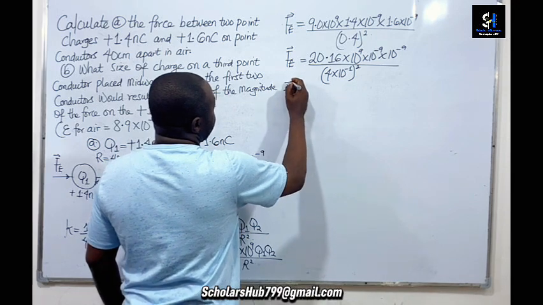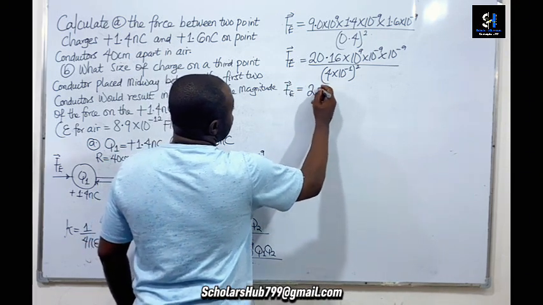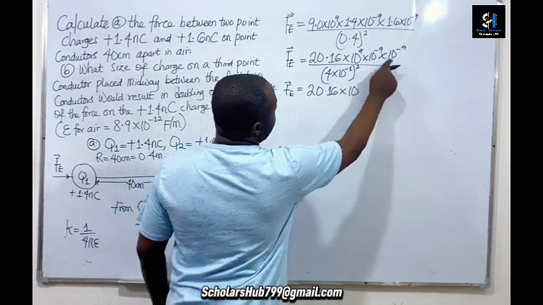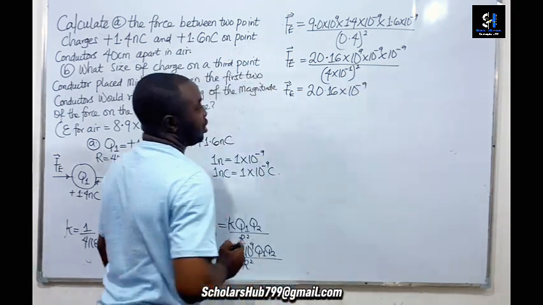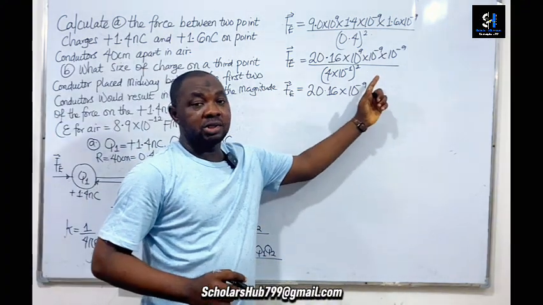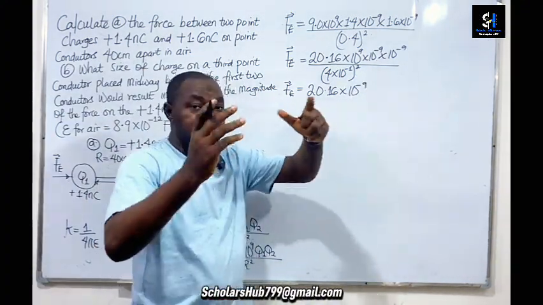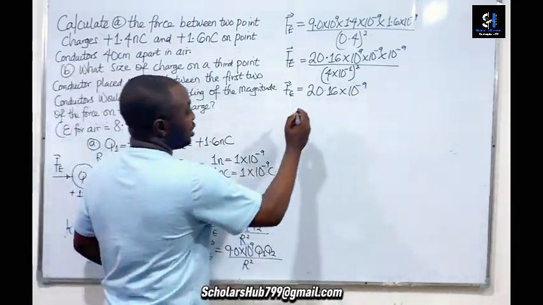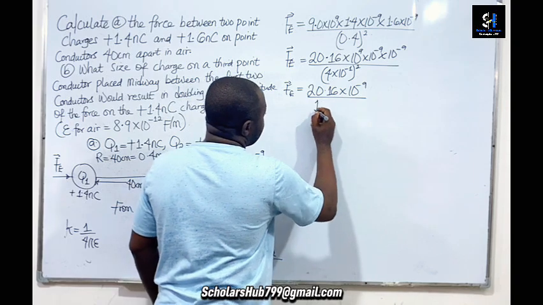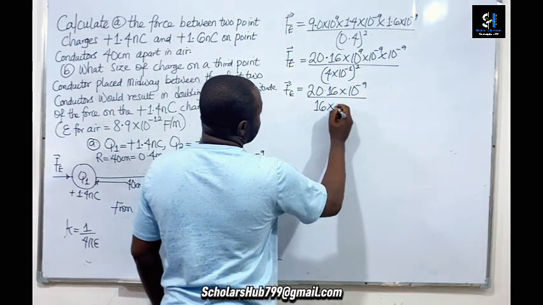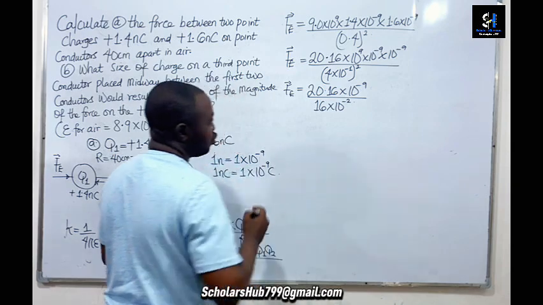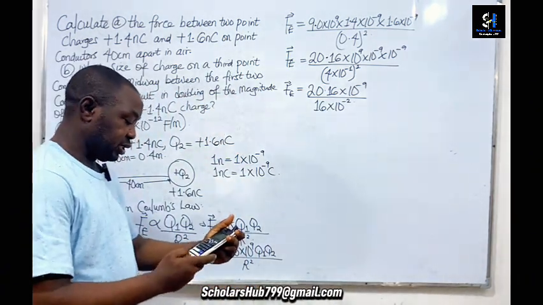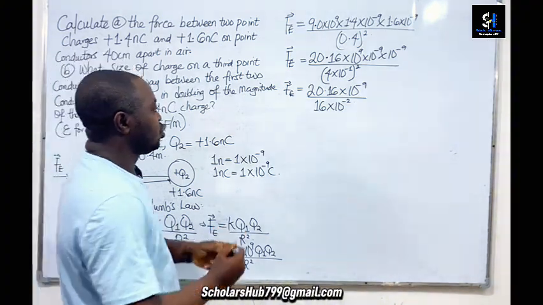So the electric force will be 20.16 times 10 raised to, applying the rule here, you write one of the base 10 and then add the exponents. Then we're going to have 10 raised to the power of minus 9. This will be divided by 16 multiplied by 10 raised to the power of minus 2. So I'm going to divide 20.16 by 16, and that will be 1.26.